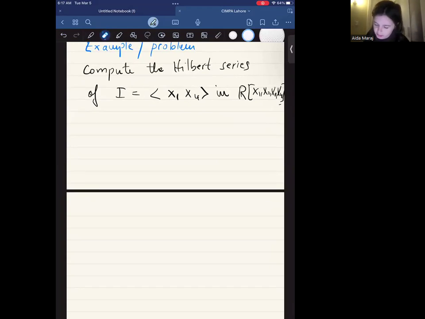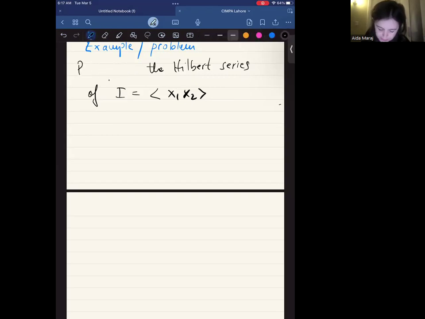I'm going to make also a small change. I will not say compute, but I'll say prove that in R, x1, x2 is, where are we here?